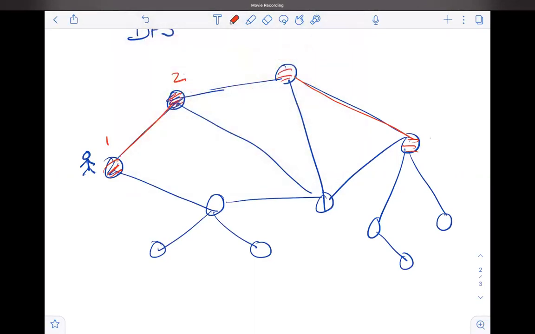Sorry, I have gone from 1 to 2. I have not seen anything. Now let me go back to 1 and say, okay, I did not find anything in 2. Then 1 has another one, so let me go here. Instead of doing that, what I am proposing is that you go as far as you can.